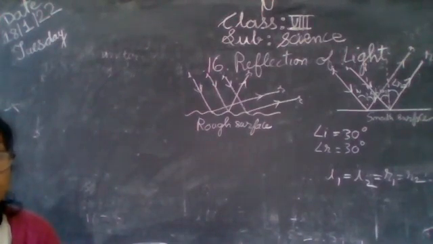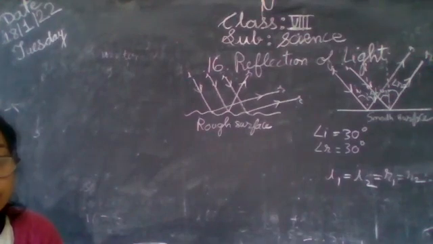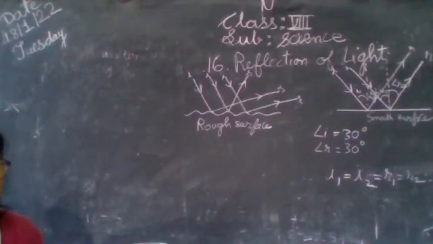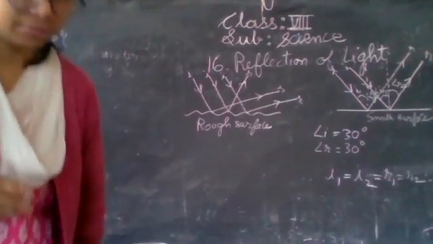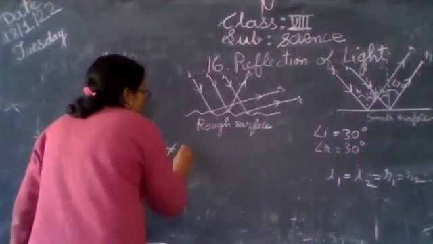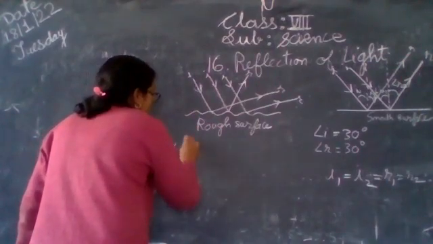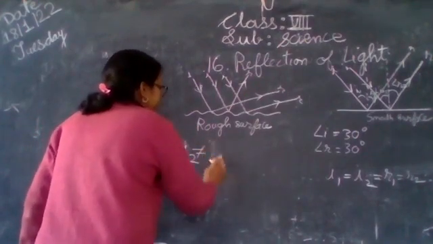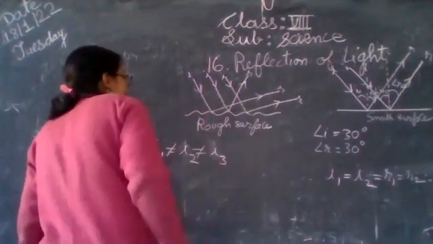In irregular reflection, the angles of incidence of parallel incident rays are not equal, and therefore their angles of reflection are also not going to be equal. So here, how you are going to write it down is: angle of incidence 1 is not equal to angle of incidence 2, which is not equal to angle of incidence 3.